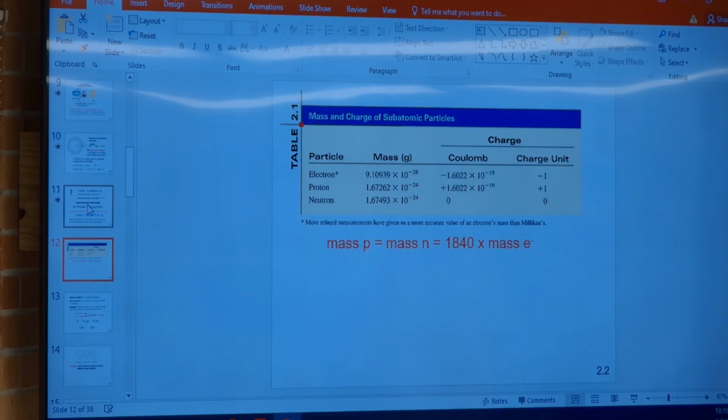Proton, positive charge. Neutron, no charge. These 2 particles' masses are similar. Electron, negative charge. Mass is very light, can be neglected. So as an atom, the mass comes from protons and neutrons.